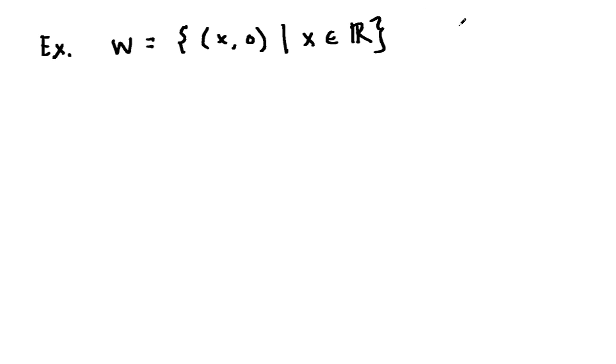Okay, let's do an example. Let's say W is the set of all (x, 0), where x is in R, and the big space V is R2. Let x be 0.